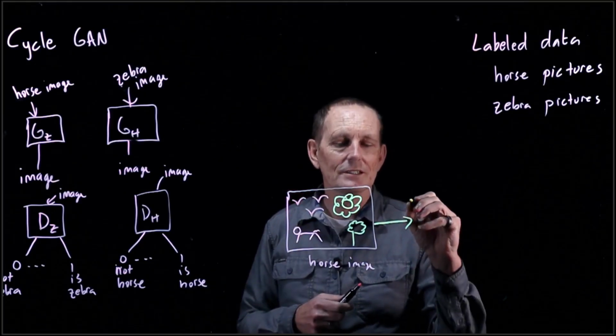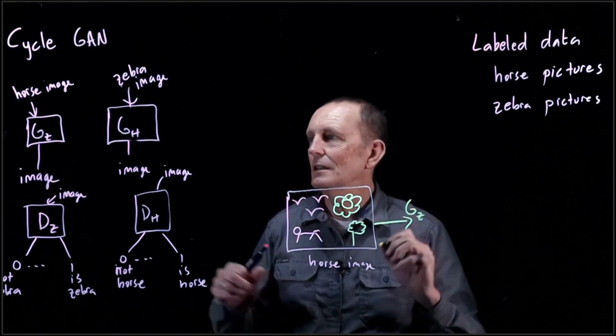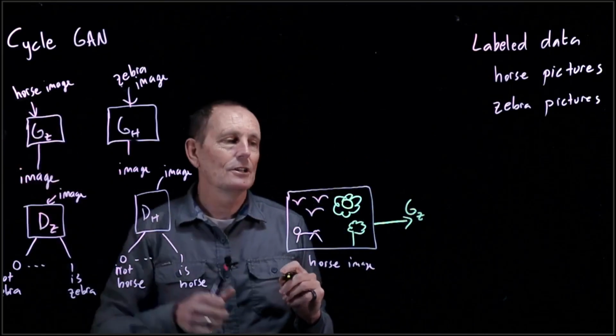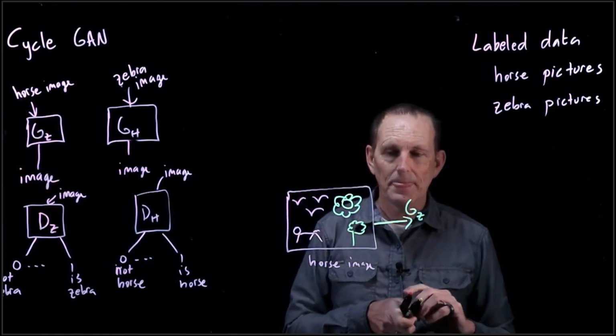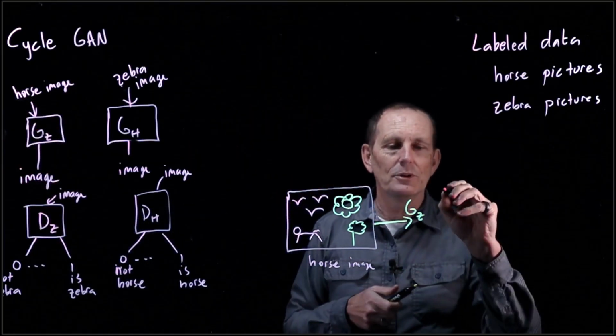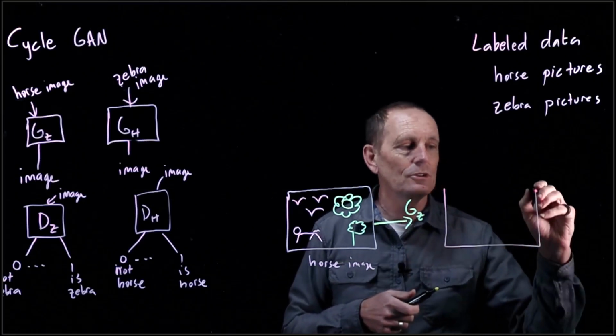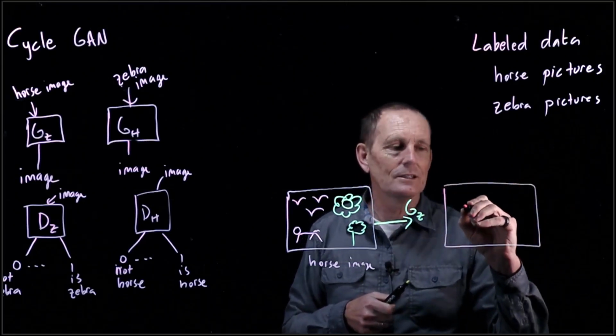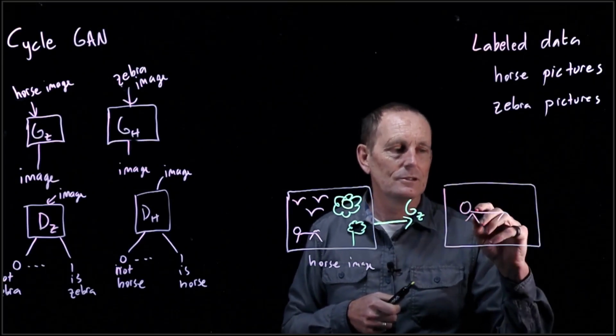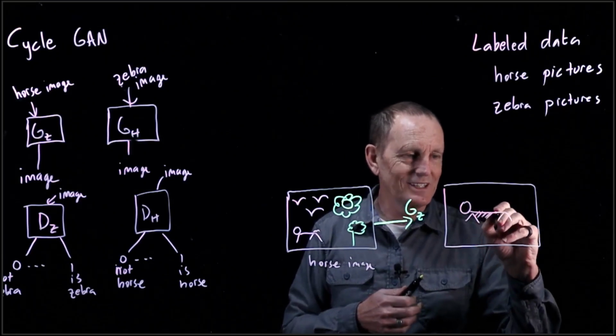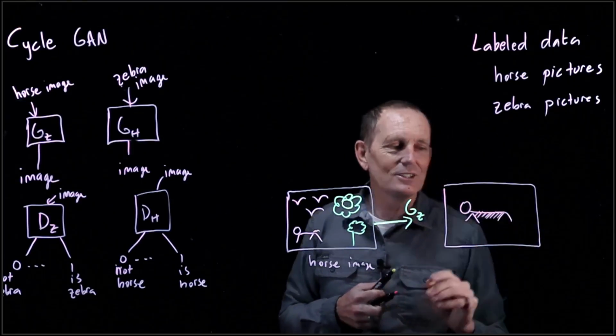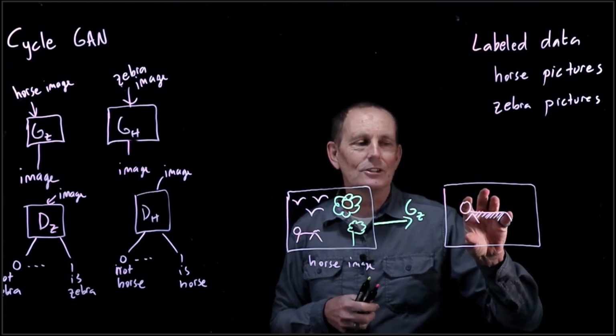Well, when we feed this through G sub z, which takes a horse image and tries to produce a zebra image, it could produce something that looks like this, with these stripes to represent that it's a zebra. So we have this striped image.